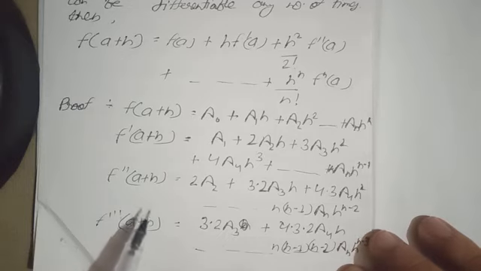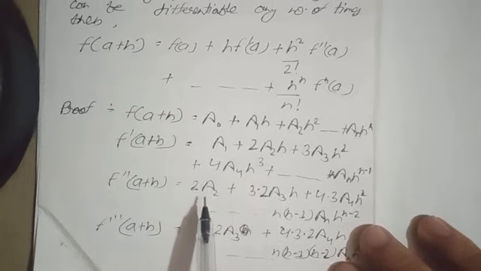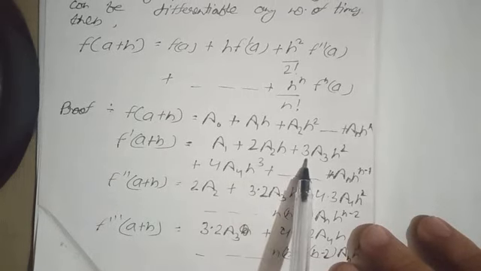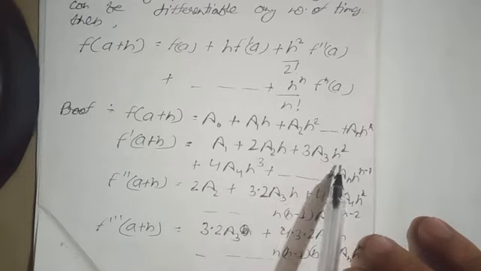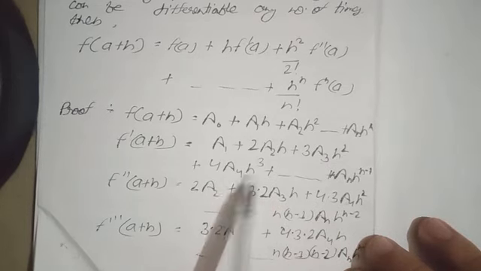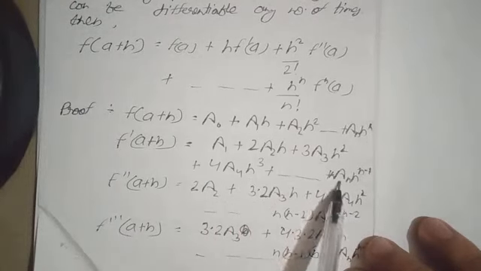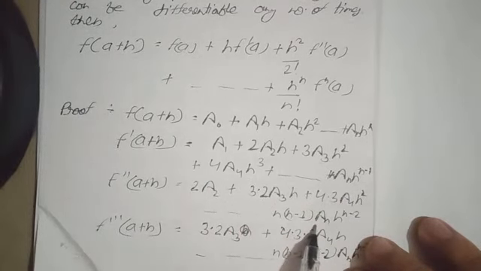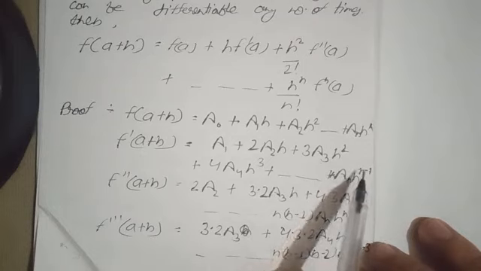After that, second time differentiation, f double dash (a+h), similarly 2a2, 3 into 2 into a3 h, similarly 4 into 3 a4 h square and so on, n(n-1) a_n h^(n-2).